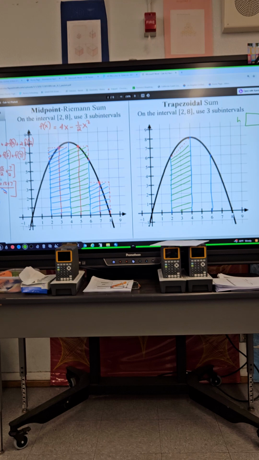This serves as base 1, this serves as base 2. Therefore, what is the height of this trapezoid? 2 is the height. Therefore, this is base 1, this is base 2. Yeah, guys? Okay.